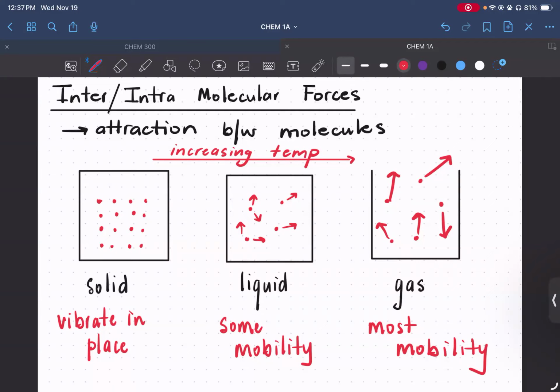Of course, as we know now through both our kinetics topic and our reaction rates topic, increasing temperature also leads to an increase in energy. And it is this energy that accounts for the solids, liquids, and gases mobility.